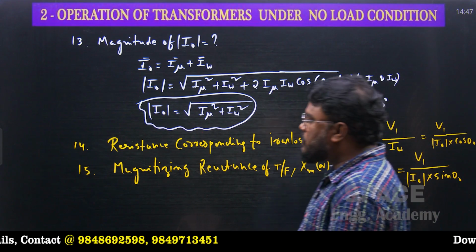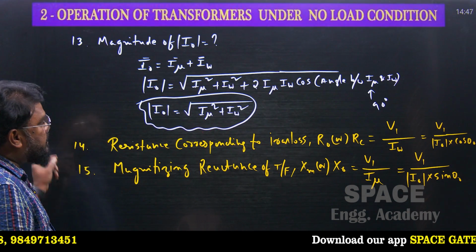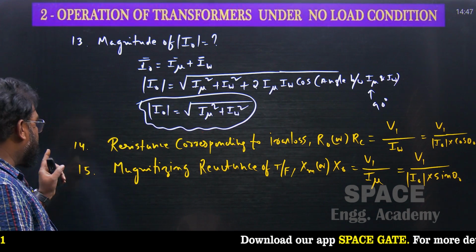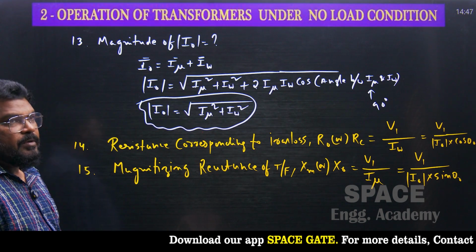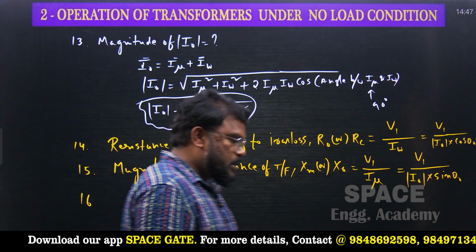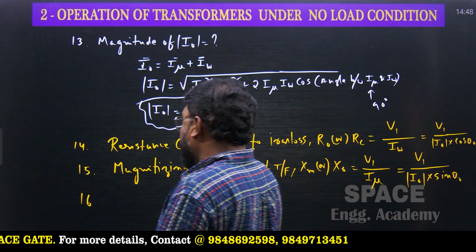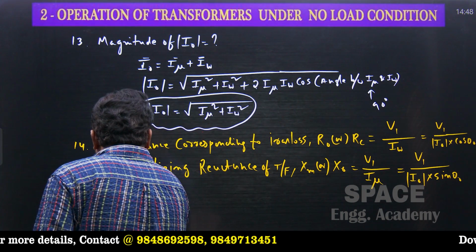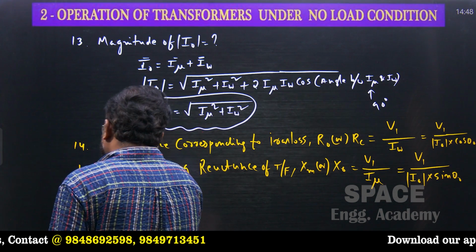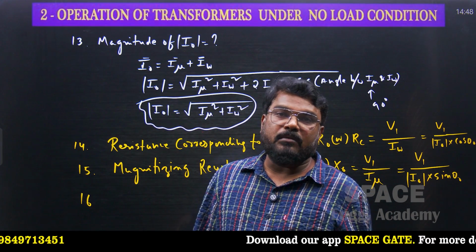So this is the formula to find the magnitude of the magnetizing current. The next more important formula in this concept is the iron losses of the transformer. How do we calculate iron losses? The power drawn by the transformer under no load condition is always equal to the iron losses of the transformer.